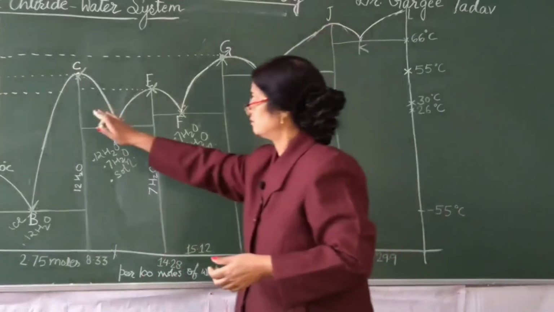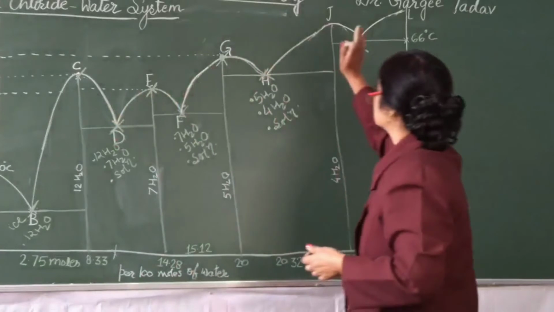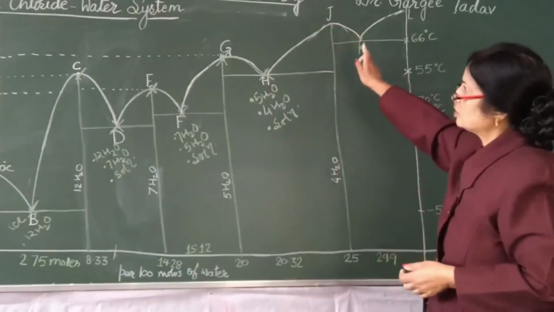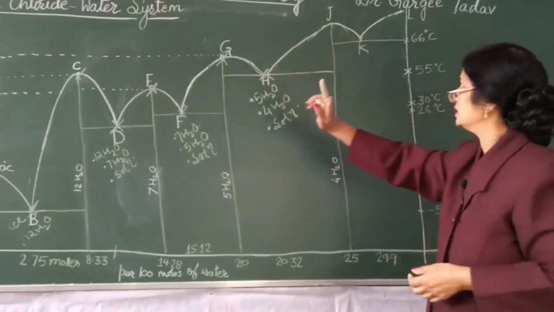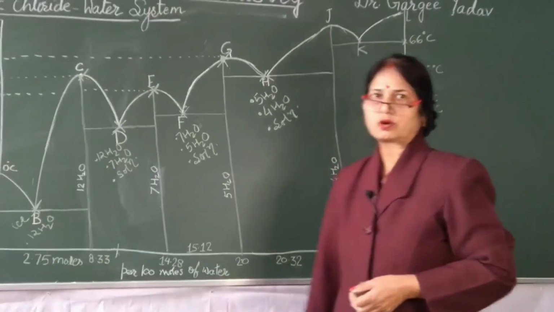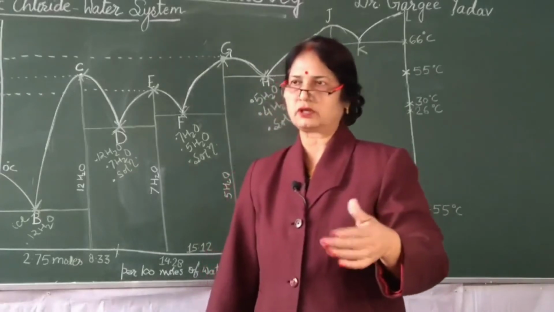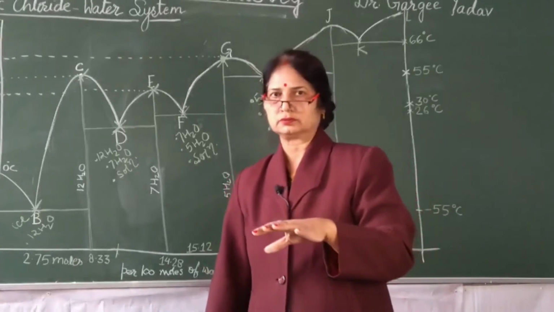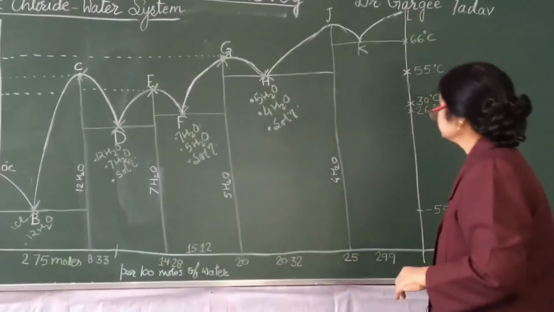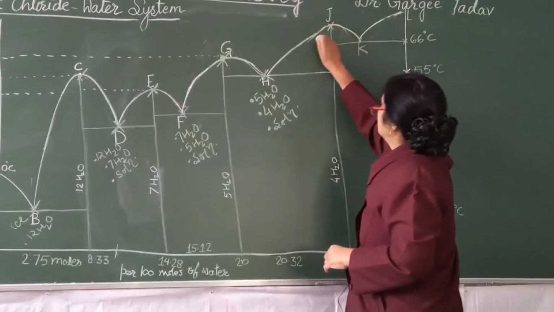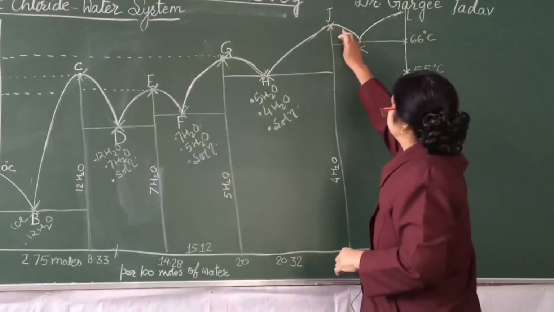So this one was the first, second, third, and this one is our fourth congruent melting point, corresponding to a temperature of 73 degrees centigrade and a mole composition of 25%. Mole composition means exactly a 1:4 ratio with water. So this was about the point J. Now comes our curve JK.